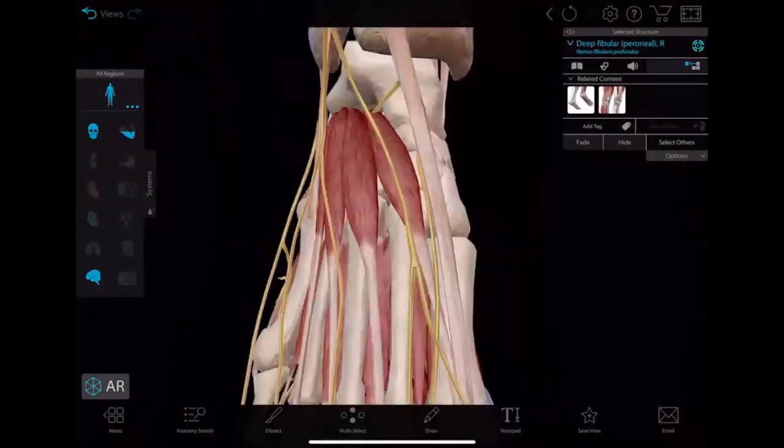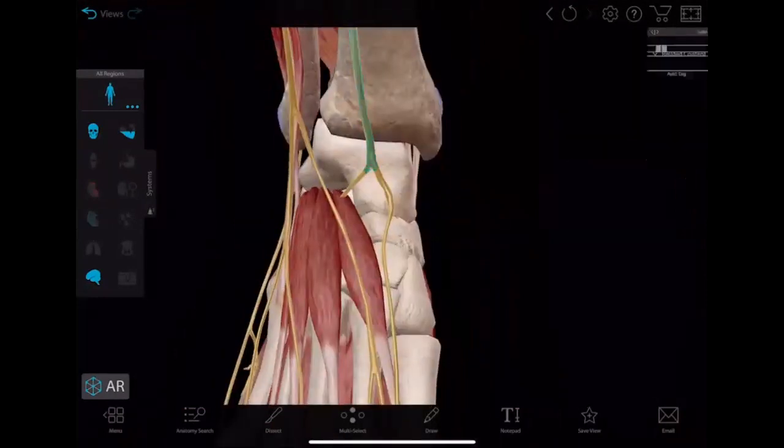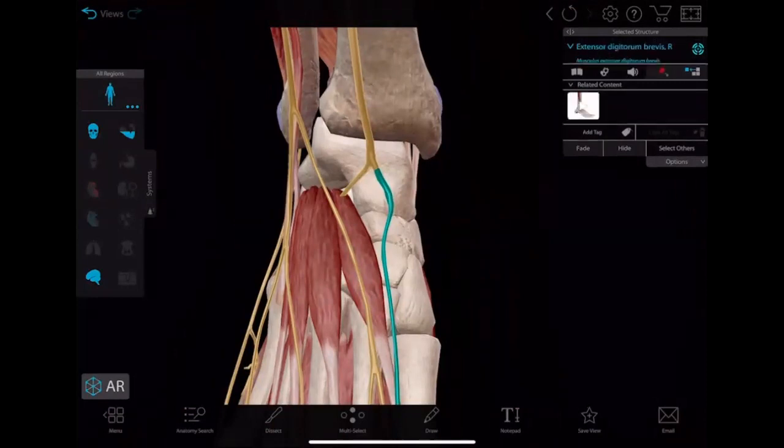So you see, that's extensor hallucis longus. We're going to hide it. So this is the deep fibular nerve now, coursing as lateral. See, lateral branch, and this one is the medial branch. See, lateral branch supplies the extensor digitorum brevis, right?